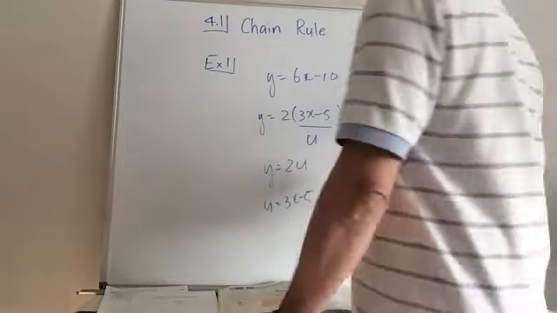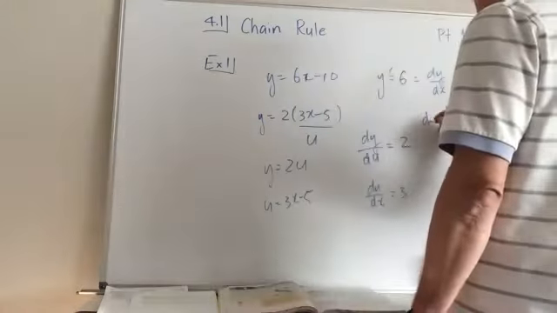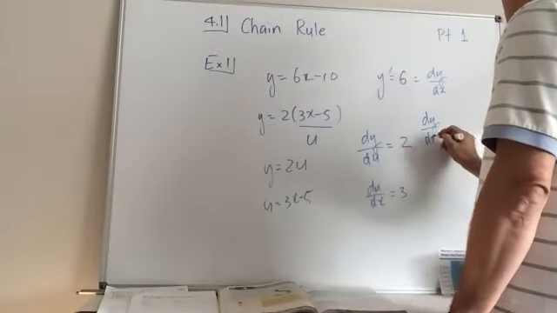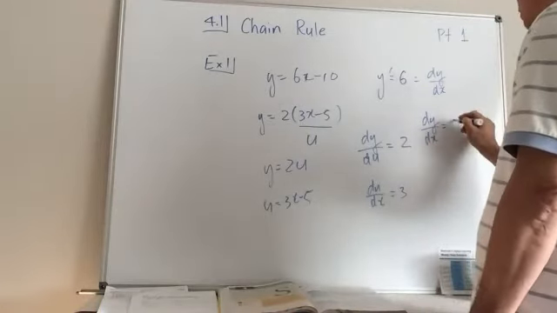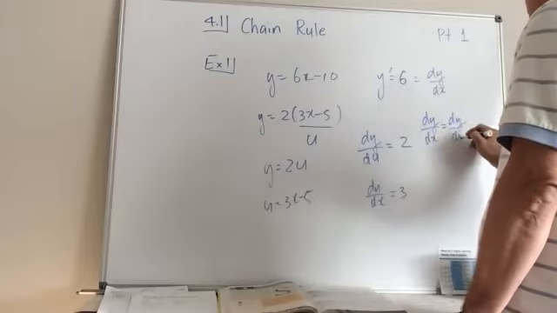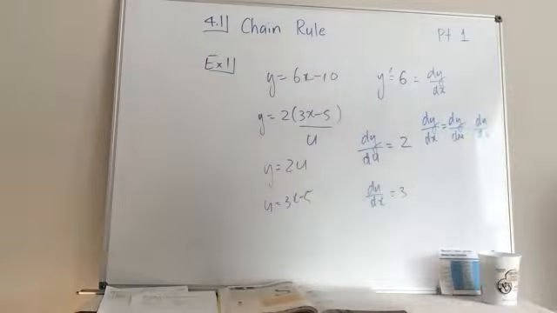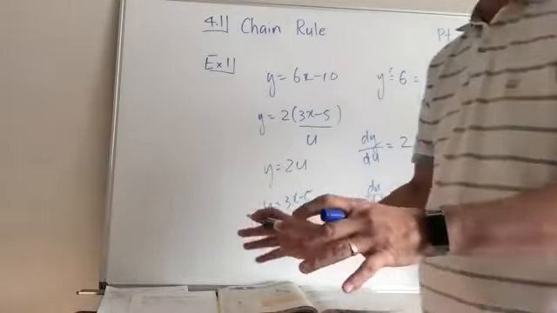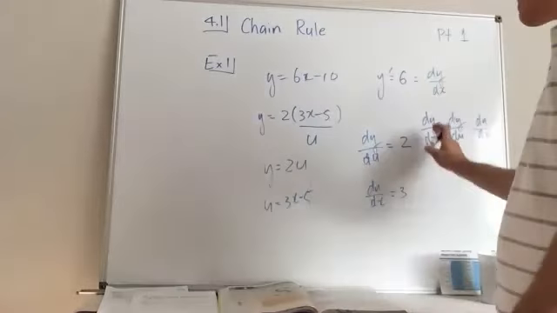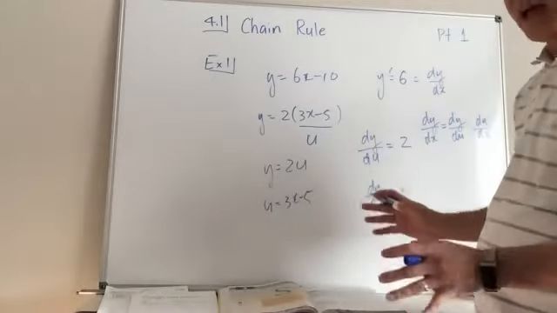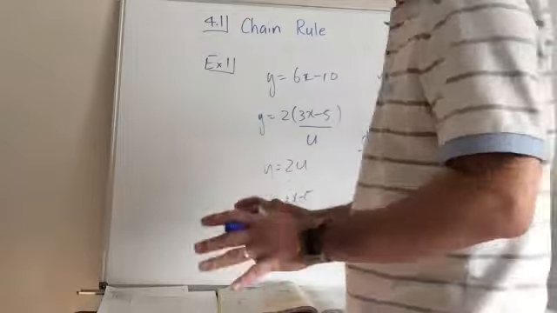So basically I can conclude that dy/dx is equal to dy/du times du/dx. You see that? Now again, dy/dx is not dy over dx. We made that clear, right?